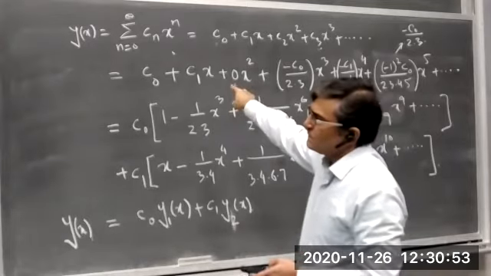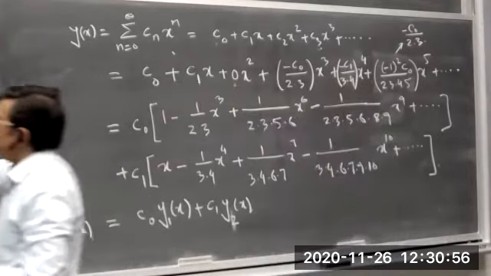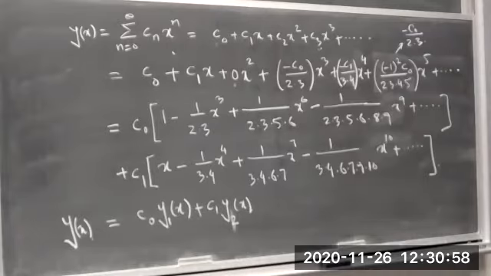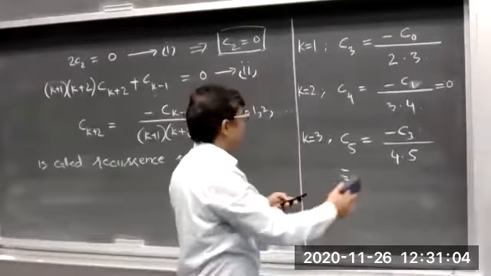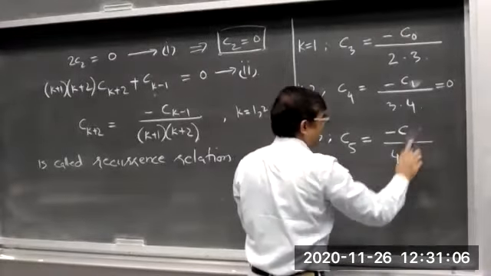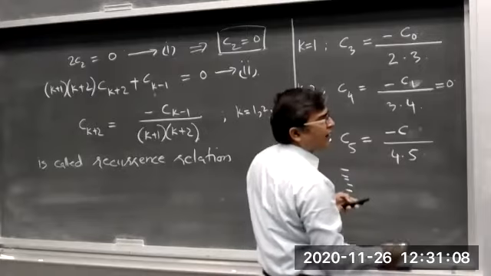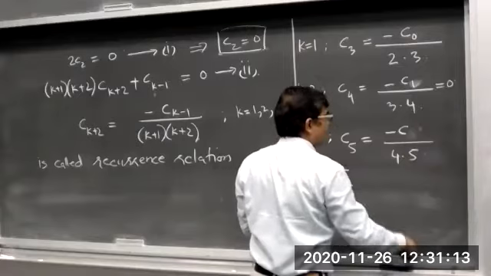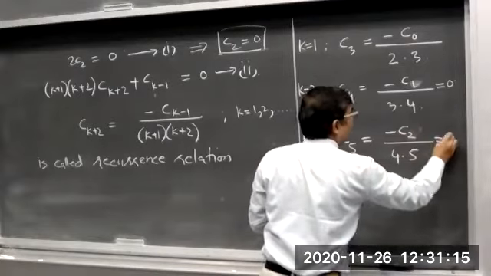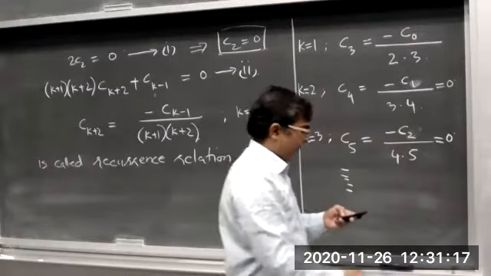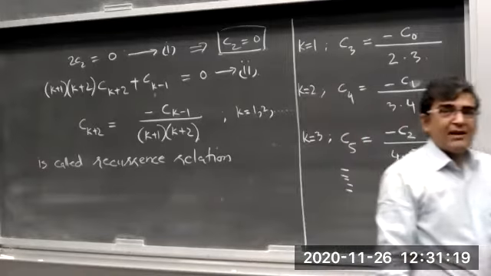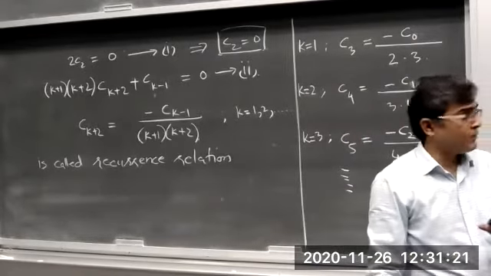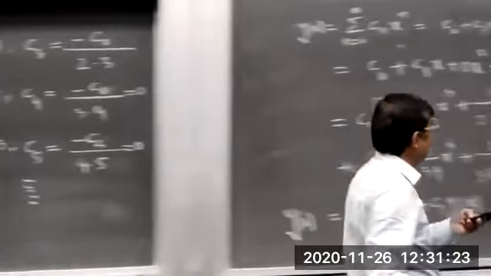And next, for C5, what will happen? The coefficient of C5 will be 0. So this is my mistake, sorry. Here the coefficient of C5 will be 0, and here C2 will come, so the coefficient of C5 will be 0. So if we go back, certain coefficients will be 0 due to this C2.